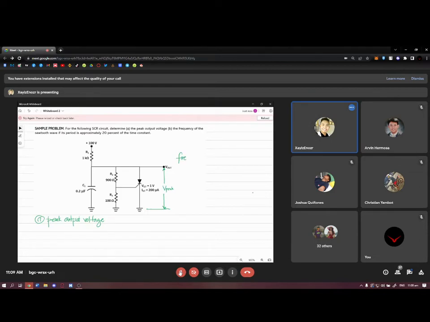Yung for example, yung instant na bago mag-fire si SCR. For example, nag-supply ka ng input voltage sa SCR.